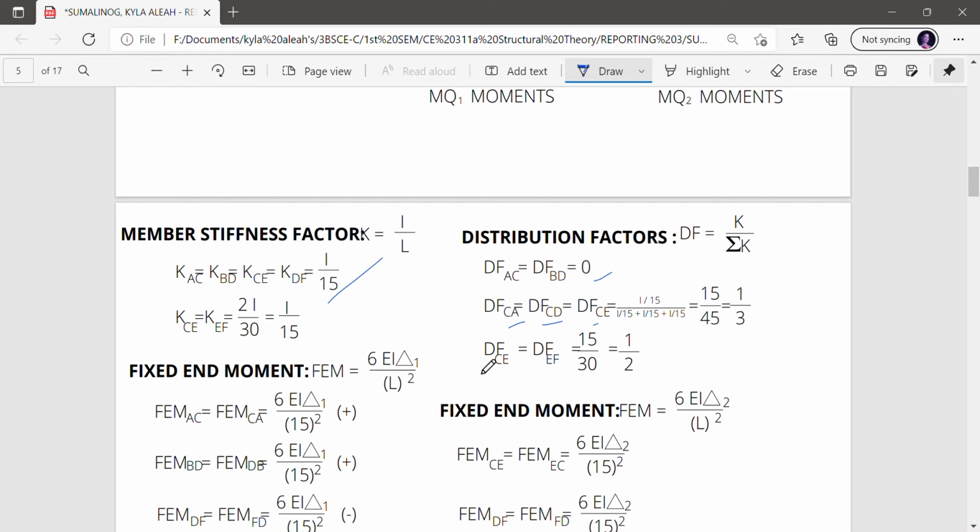So, manipulating it, that would be equal to 15 over 45. We cancel the I, since it appears in both, so it is okay not to write it. So, 15 over 45 is equal to 1/3.